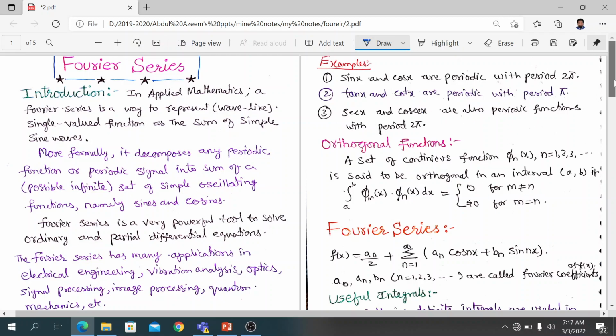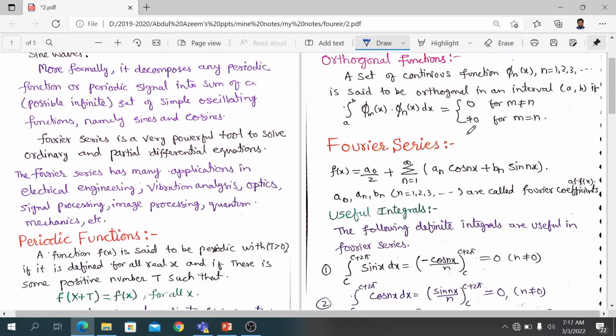Now this is our topic, Fourier series. You must remember this definition.